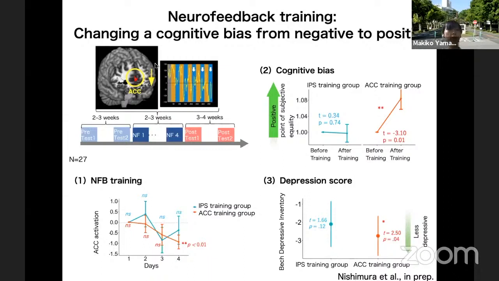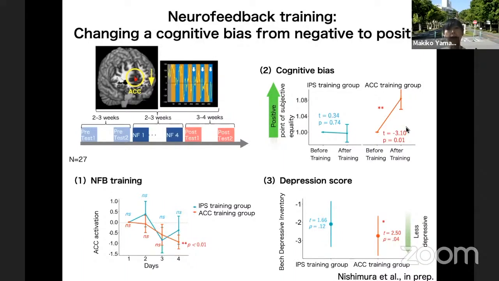But we don't know which subjects we are training inside the scanner. This is double blind. And so far, we have found that ACC activation was controlled by the ACC training group, but not the IPS training group, after 4 days of training.